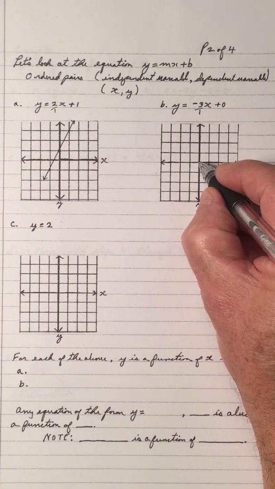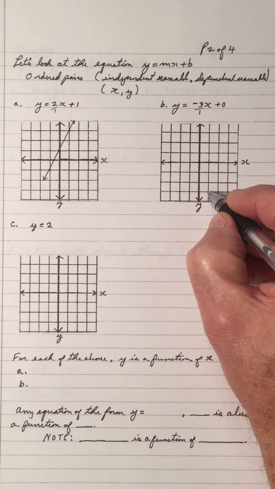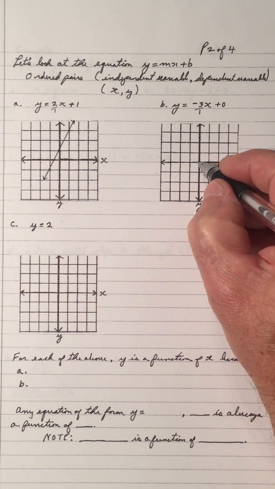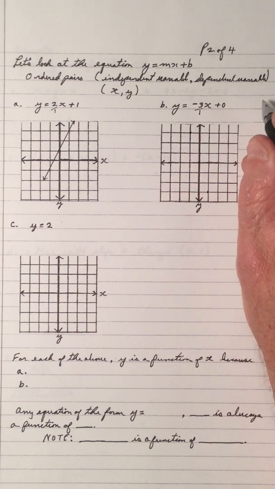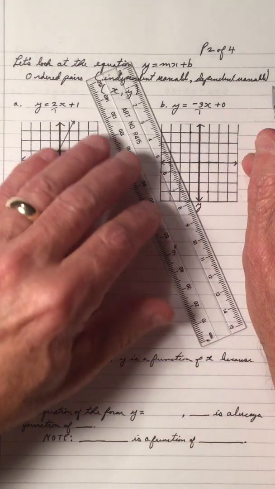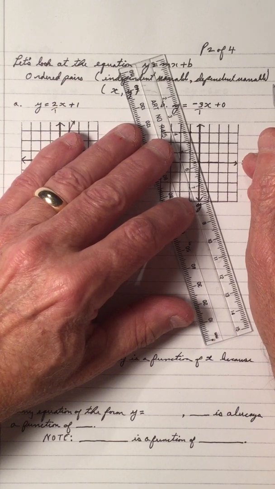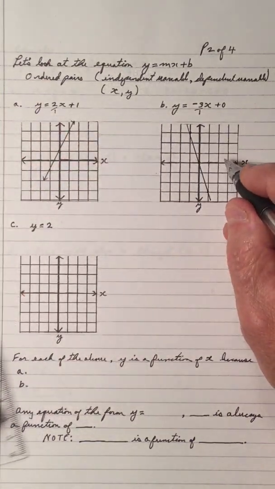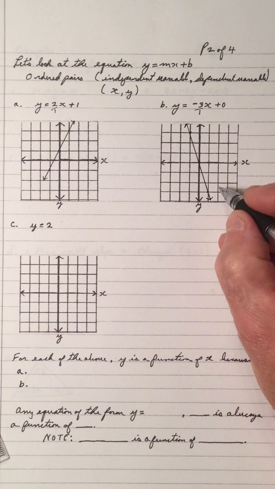So from here, we go down 3, right 1. Or from here we can go up 3, left 1. And we have a line passing through those points. Notice that the units are all 1s on this graph. So there's the line that represents that equation. That's the graph of it.